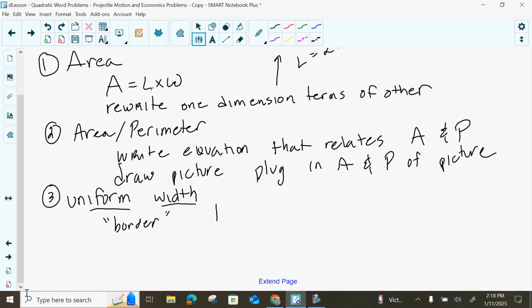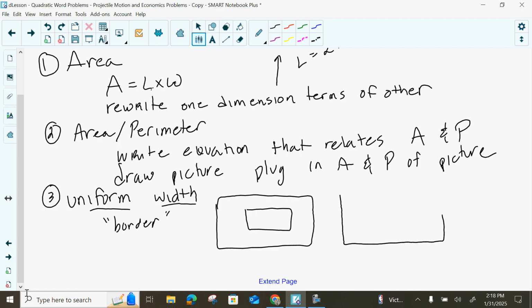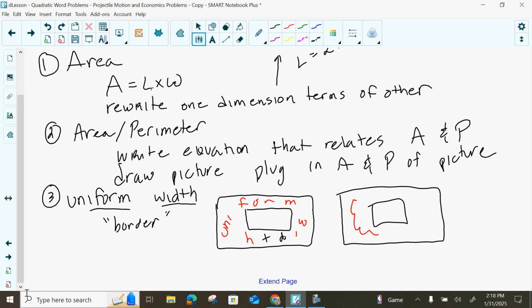You can draw 2 different pictures. In both of these, the uniform width is around here. I know I'm not writing that very well, but this is your uniform width. Think of a picture frame. That's a good example for this one.